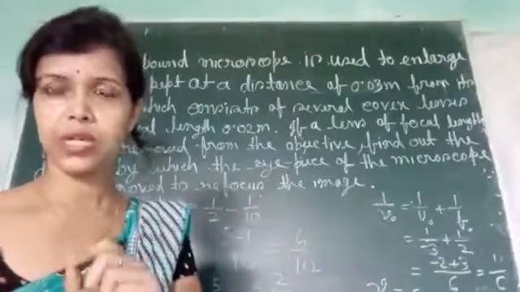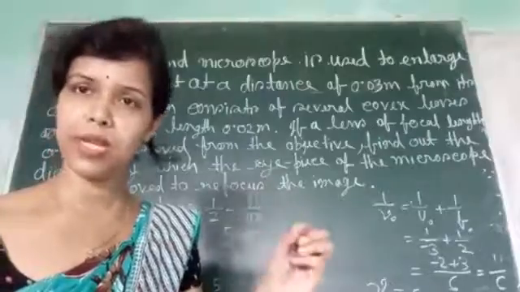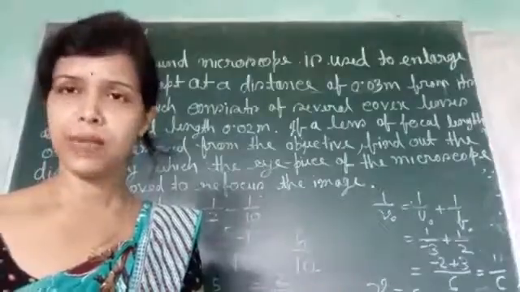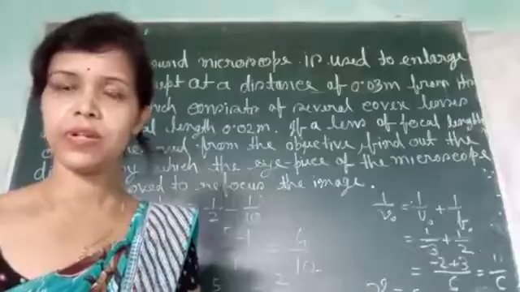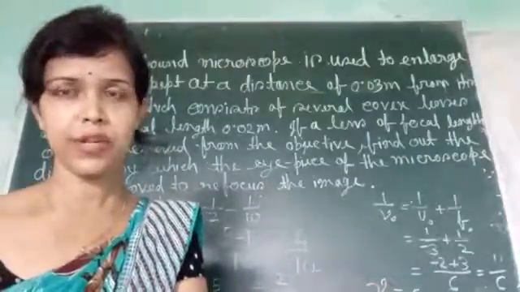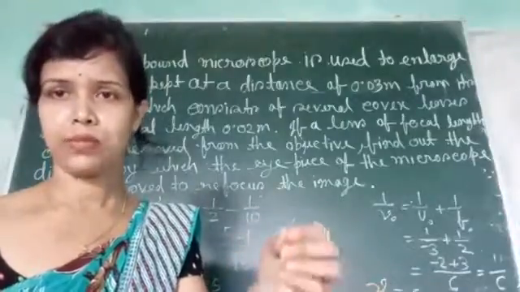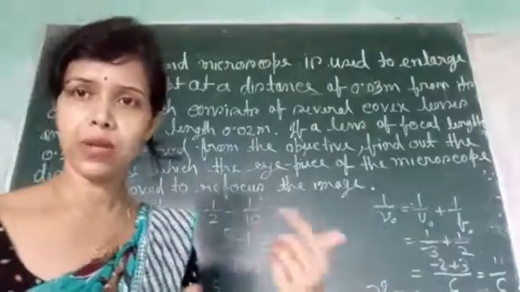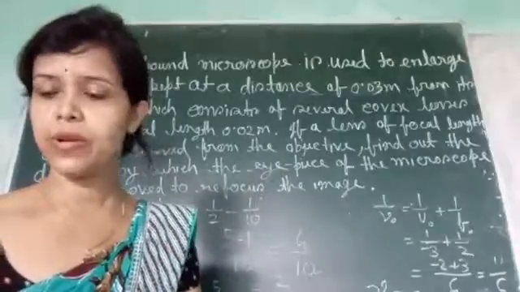We suppose it is v naught dash, that means v naught dash is the new distance of the image formed by the objective. After assuming the new distance v naught dash, we will apply the lens equation, and after applying the lens equation we will get the result of v naught dash.